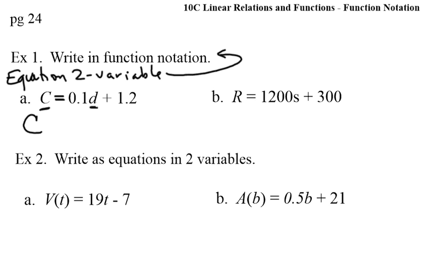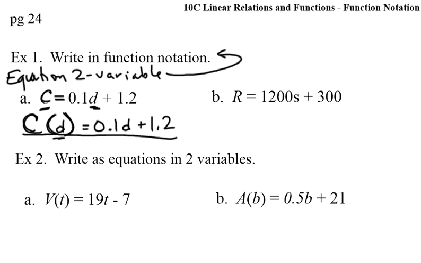We want to solve for the c value for certain d values. That's all function notation is doing. It's saying we want c for certain d values because that's the second variable. That's taking a two-variable equation and writing it in function notation.